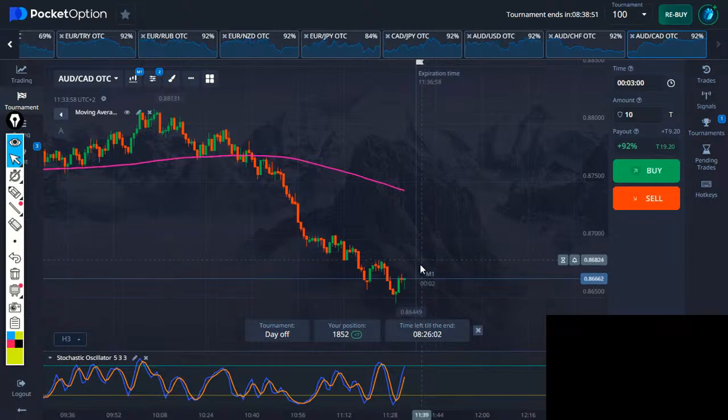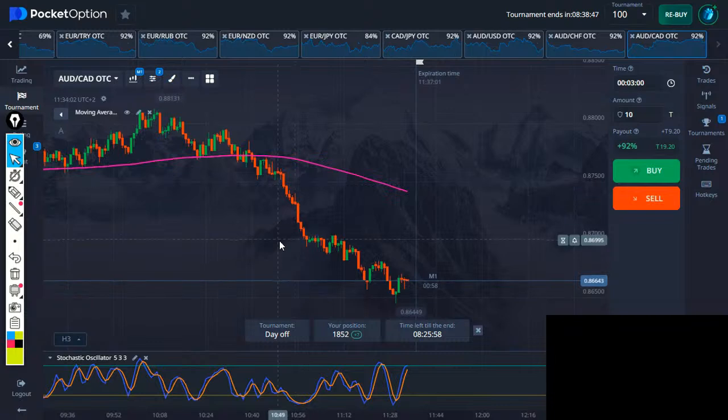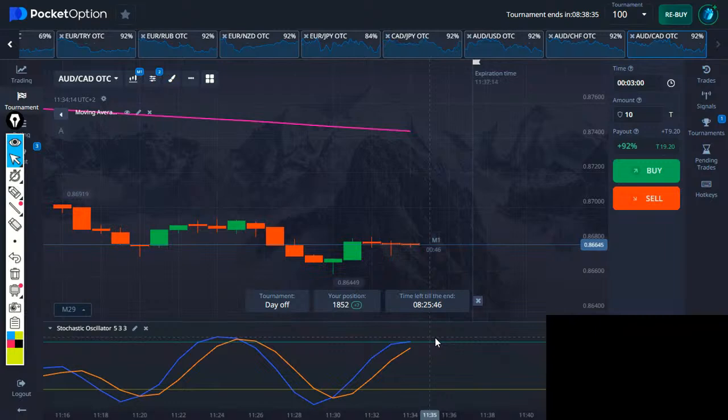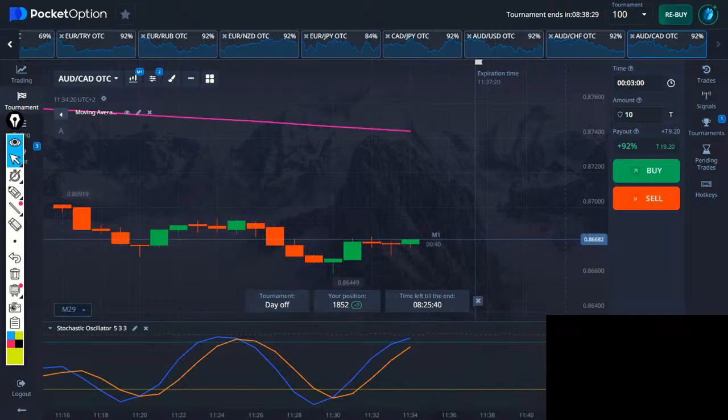Okay, that's the first requirement. Second requirement, in this case we go for sells. We need the stochastic oscillator to be in an overbought condition. So at least one of the lines has to cross the 80 level over here. And we need to see both lines cross over to the downside so we can take a sell position, 3 minutes.